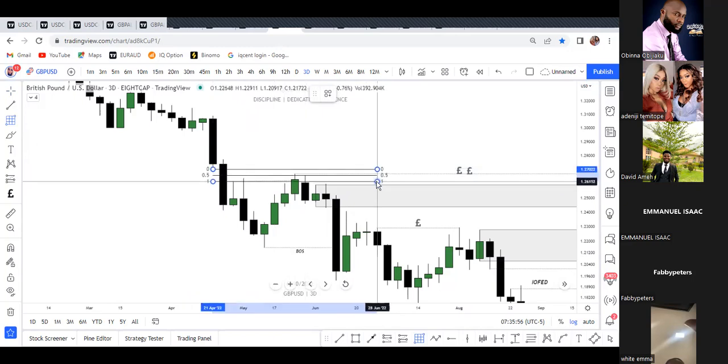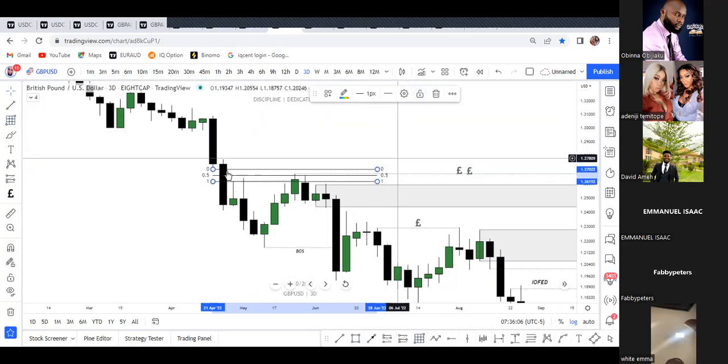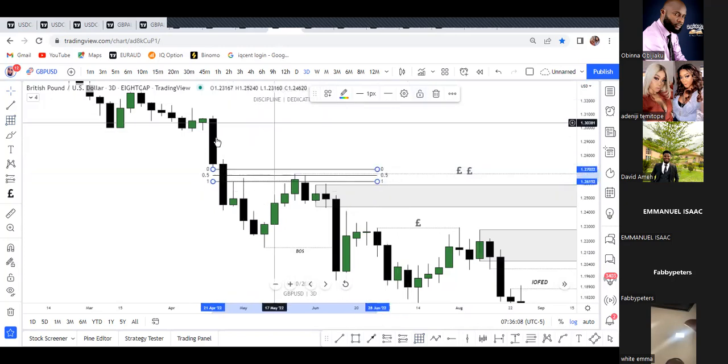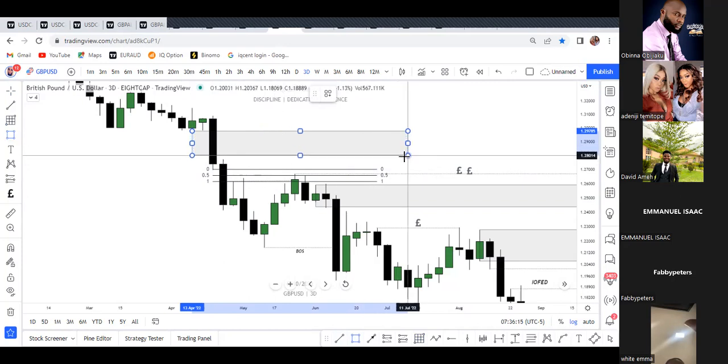Can you see that? And it bounced up. It just took out that high, did an OFED and did a consequent encroachment, and what? Bounced off. Now, this you're seeing here is a what? 3-day CB.